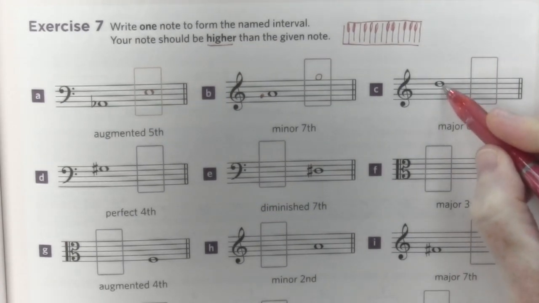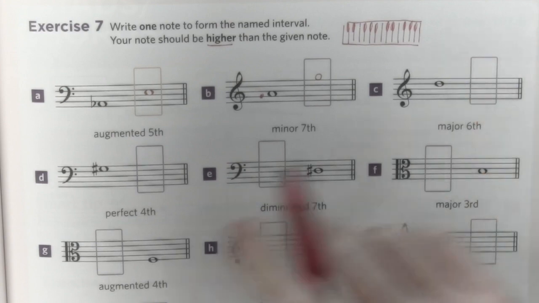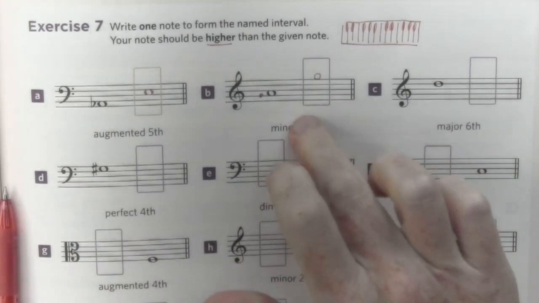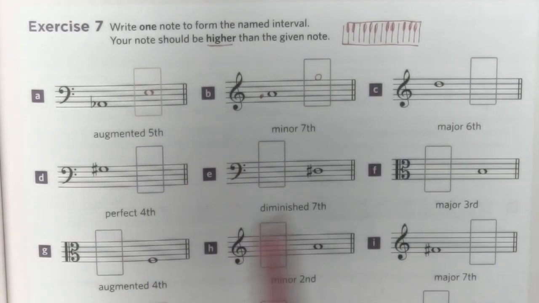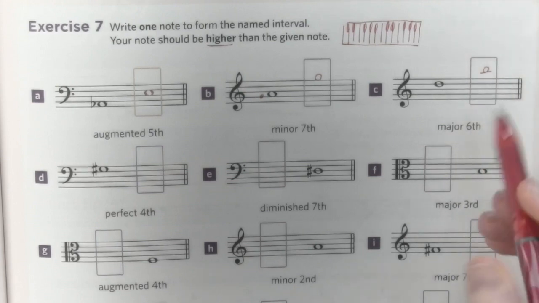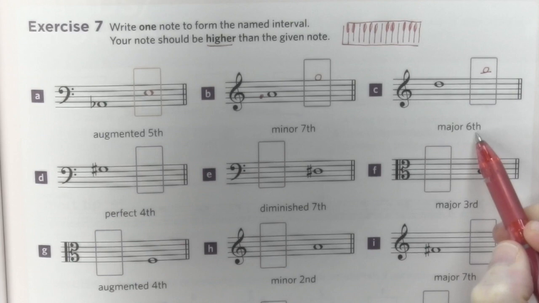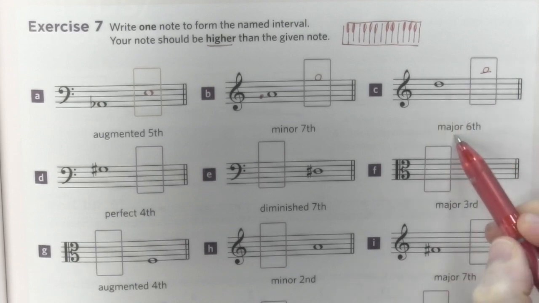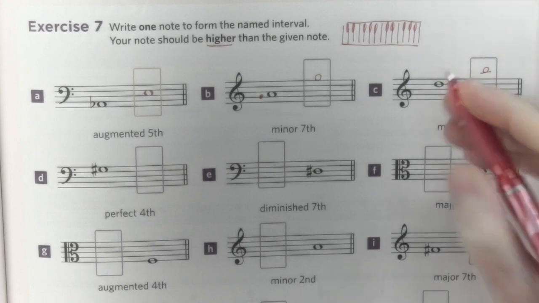A 6th from Re is going to be Re, Mi, Fa, Sol, La, Si. It's a B, okay? And I write it here. Now, to make a major 6th, I flip over the notes and I create a minor 3rd.